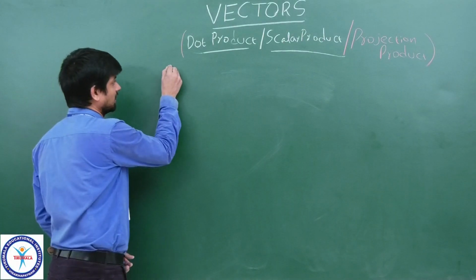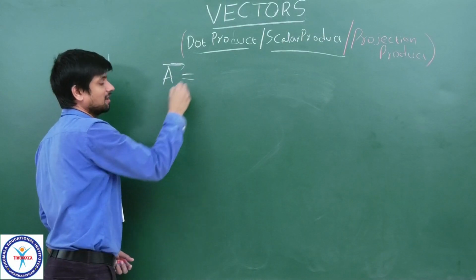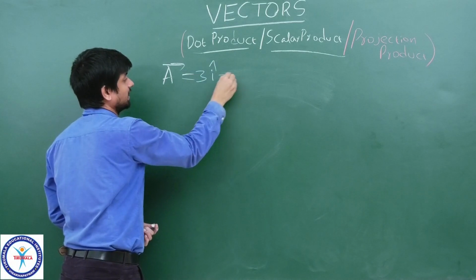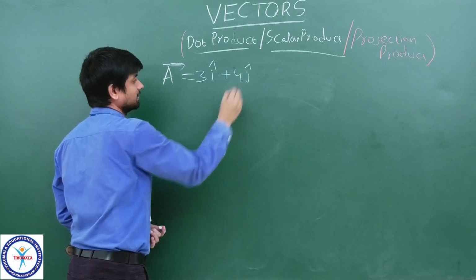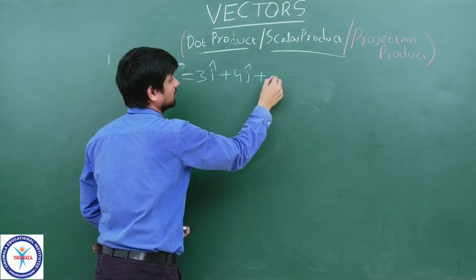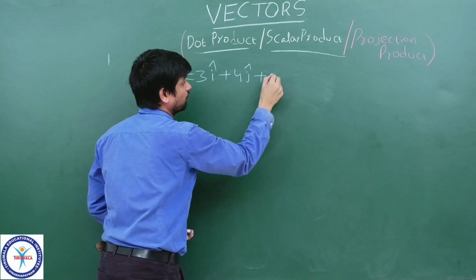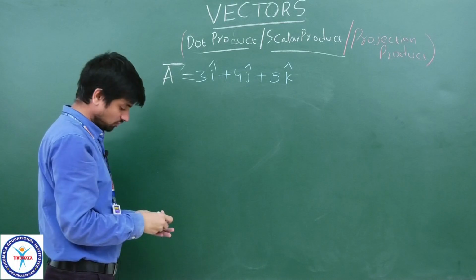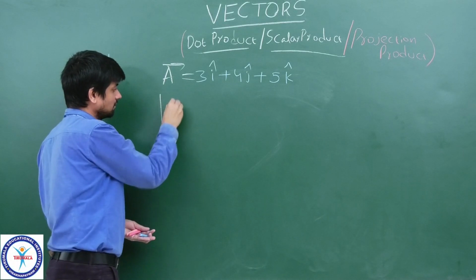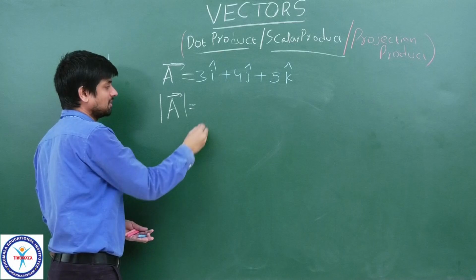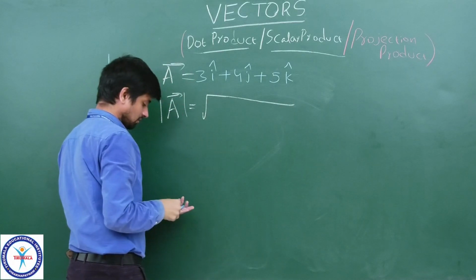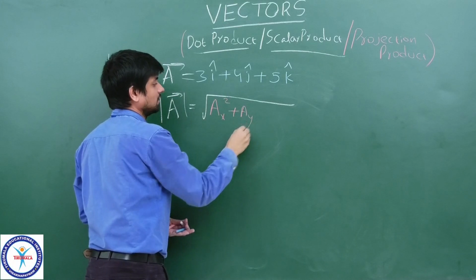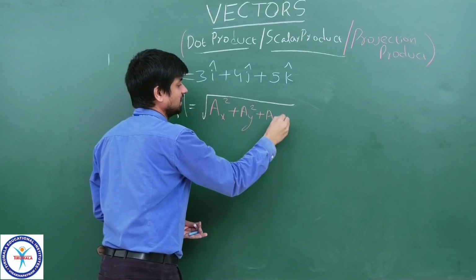So take one vector A bar as 3i, 4j, and 5k. Now I want to know its magnitude. So what is the formula, children? Ax square, Ay square, Az square.